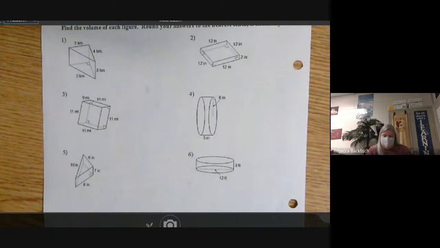On the circle ones, I encourage you to try to do both exact form and decimal form.